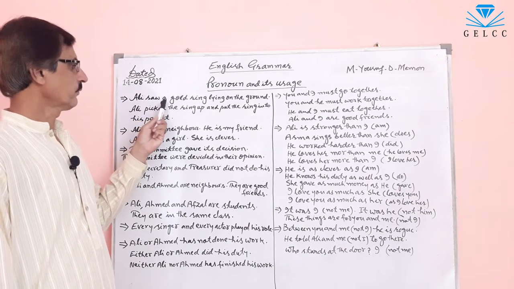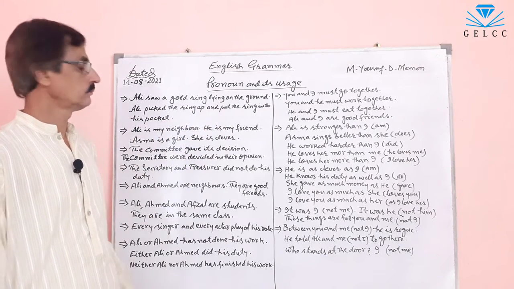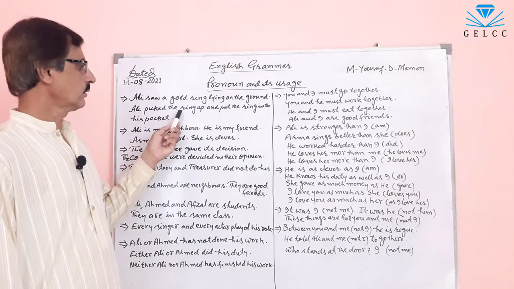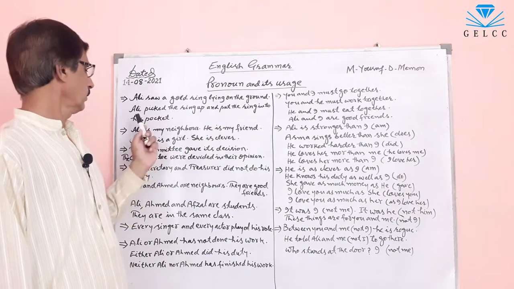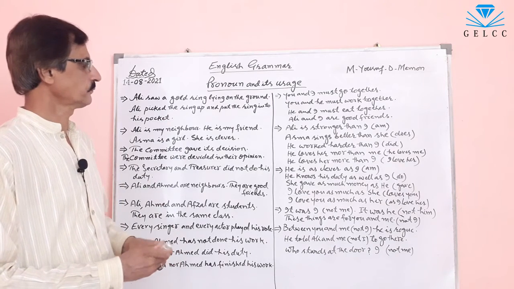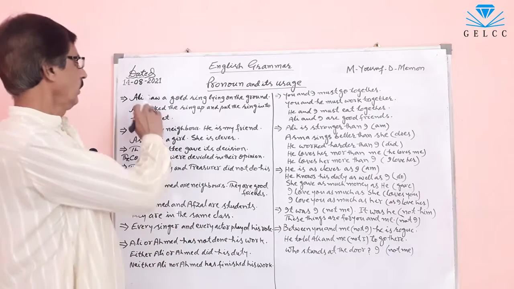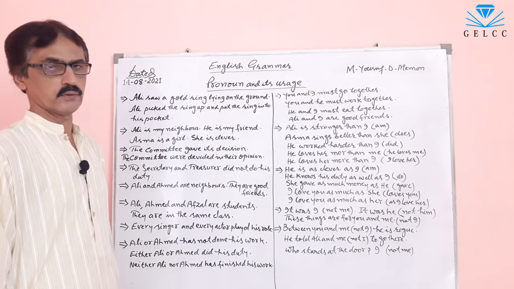Ali saw a gold ring lying on the ground. Ali picked the ring up and put the ring into his pocket. This is the first sentence.